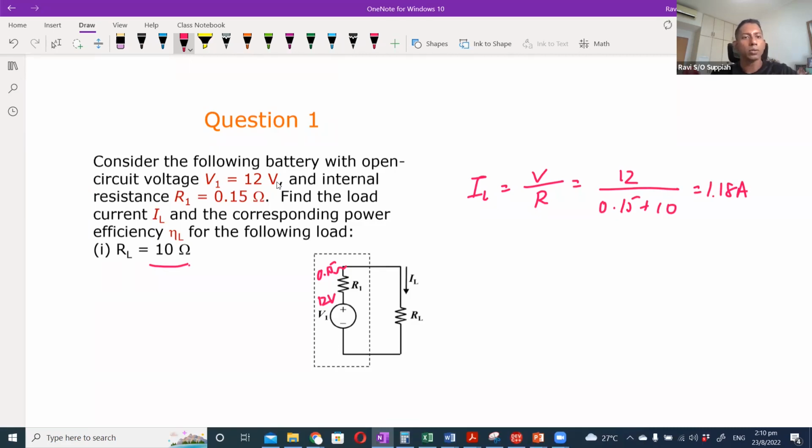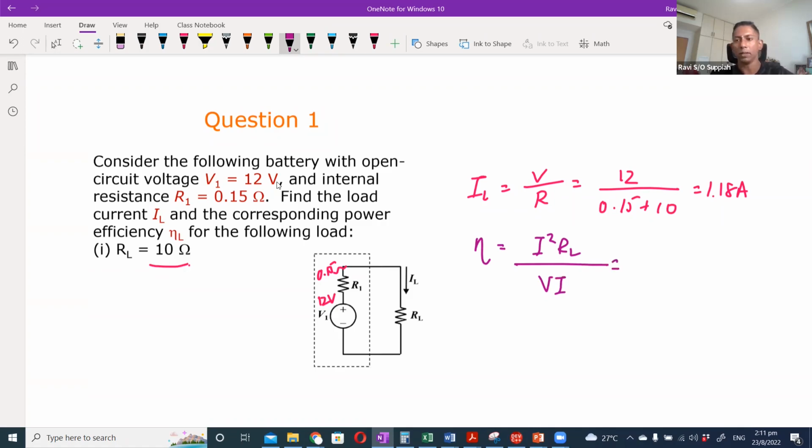They also ask you to calculate the efficiency. The efficiency is basically the useful power over the total power provided by the system. In our case, the useful power is always the power delivered to the load, that means what is consumed by the load RL. So the efficiency can be computed as I square RL, the power consumed by the load, over the total power provided by the battery.